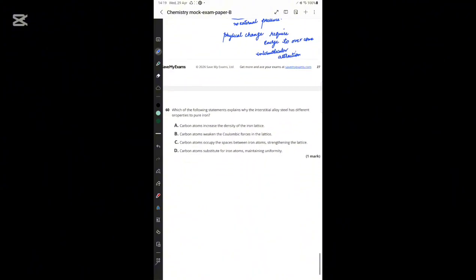Then moving towards the last question, they are saying about how an interstitial alloy has different properties to pure iron. Like an interstitial alloy, which is steel, has different properties to pure iron. For steel, you must know one thing, like carbon is added into iron.